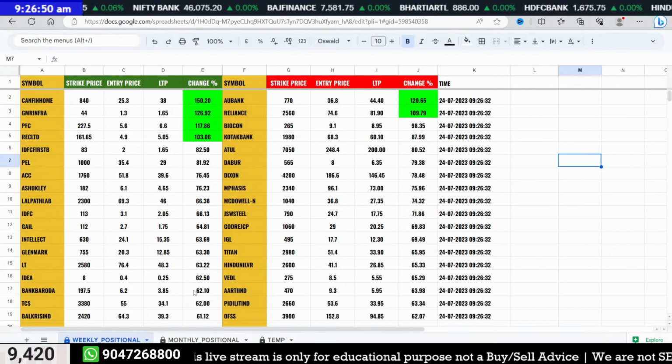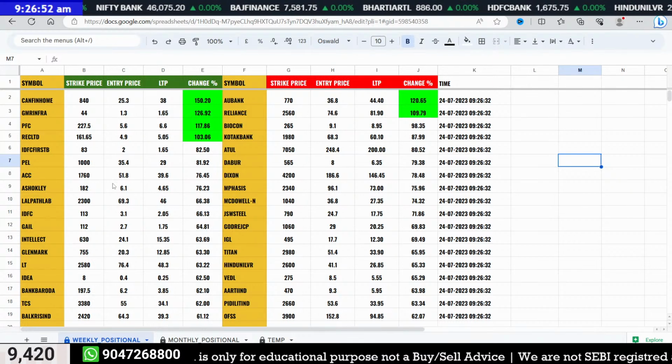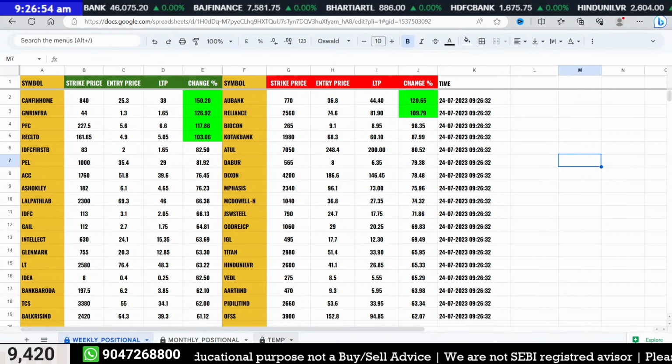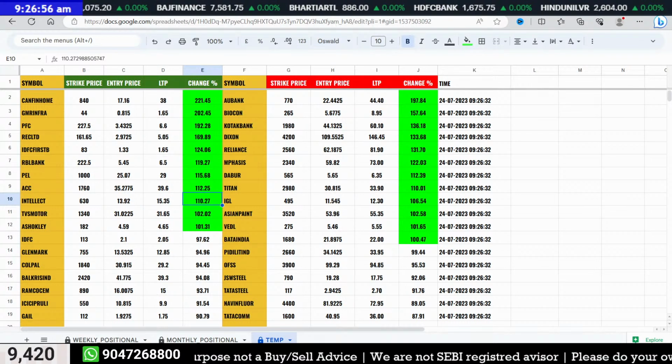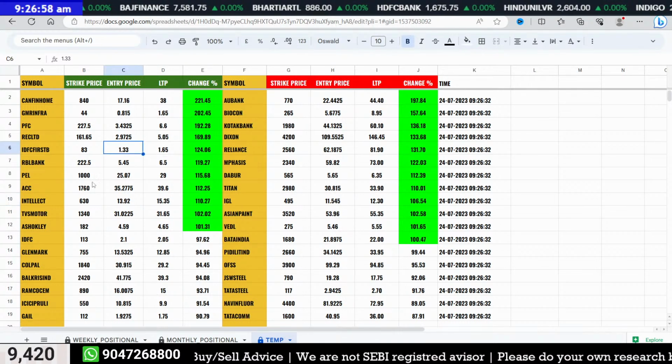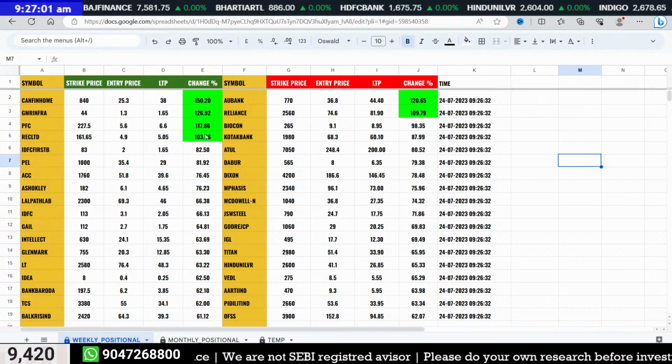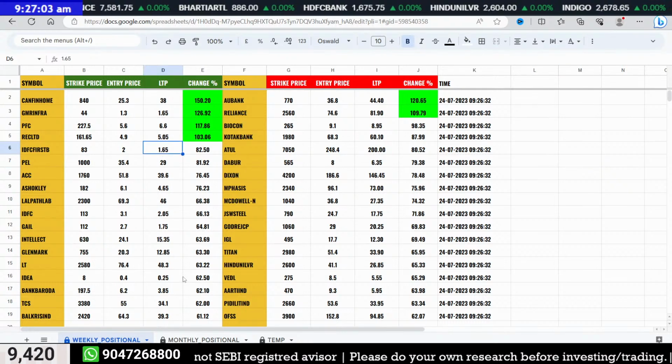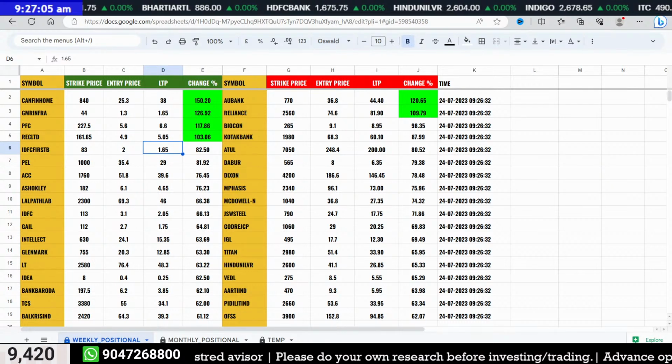IDFC First Bank on weekly is about 2 rupees, and the same which we got around 1.4. IDFC First weekly should be 2 rupees. That is also something we can track.